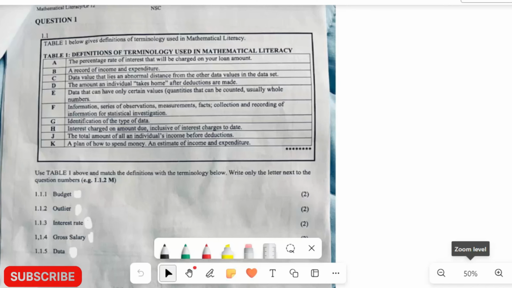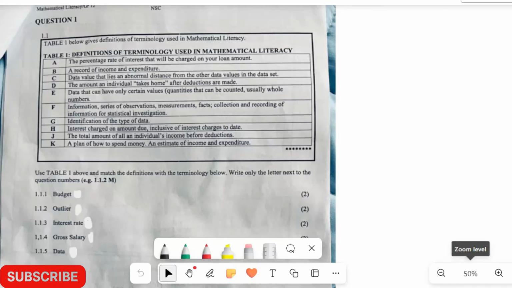G, identification of the type of data. H, interest charged on amount due, inclusive of interest charged to date. I, the total amount of all an individual's income before deduction.